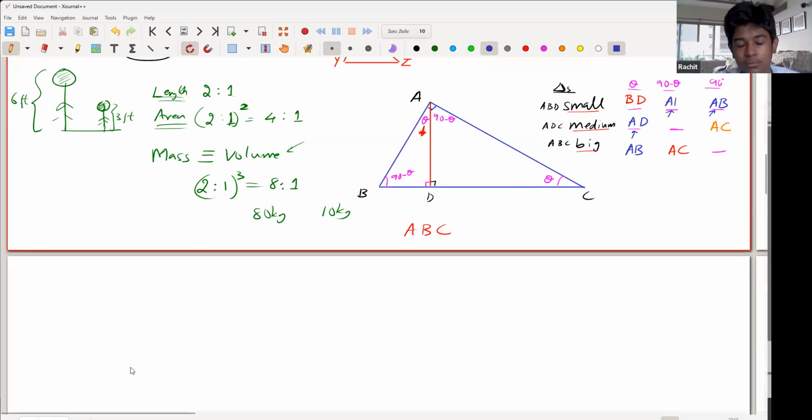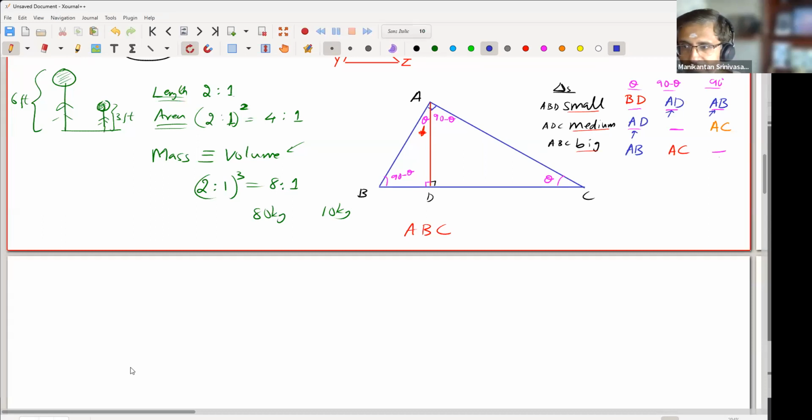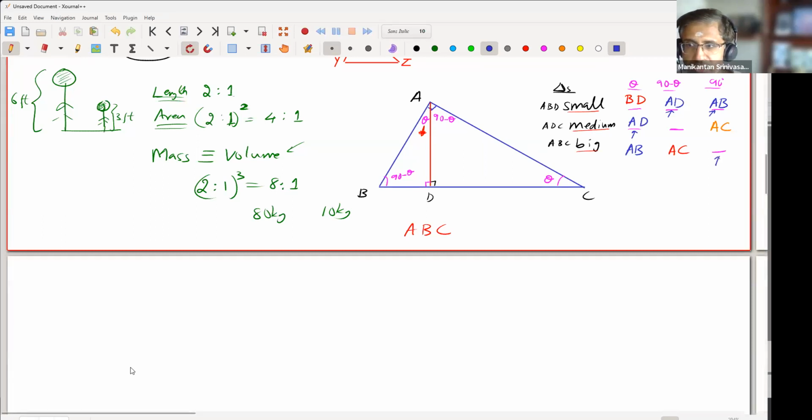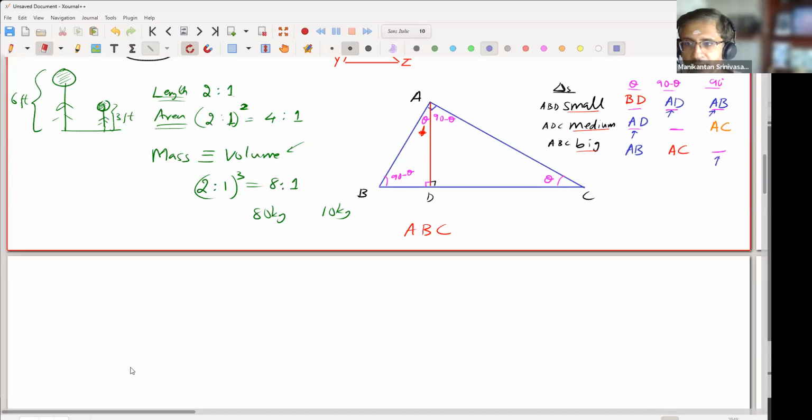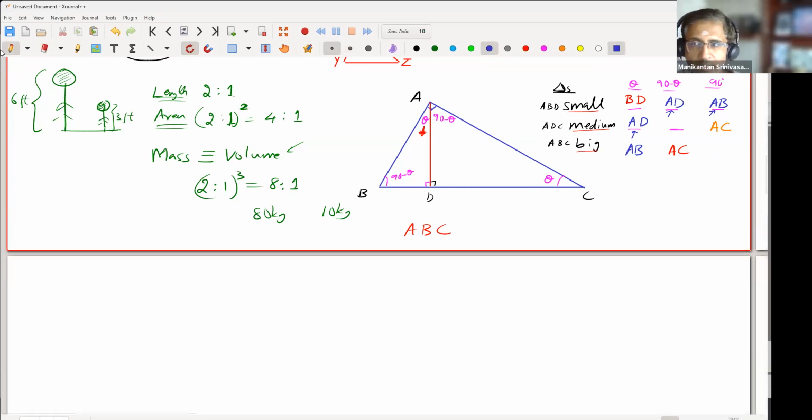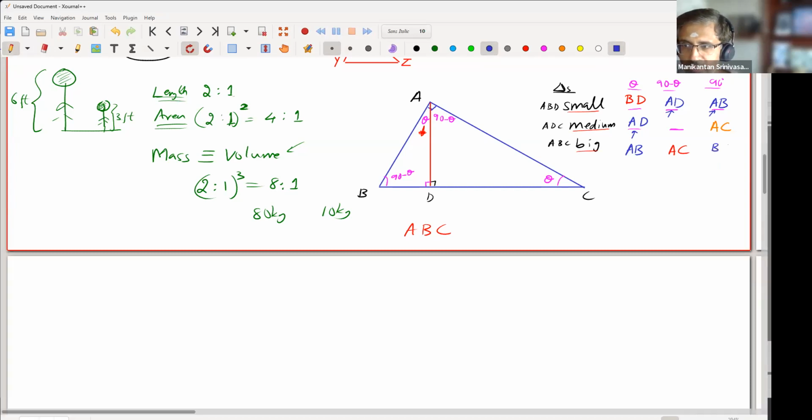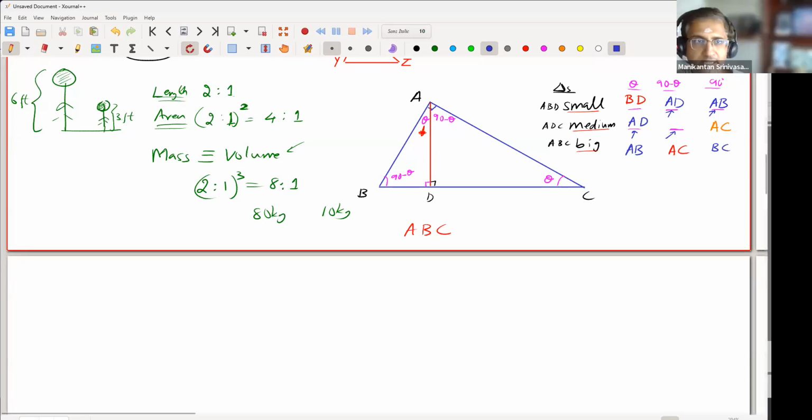Correct. Okay, Akshaj. So the 90 degrees for the big one, it'll be BC. Okay. And then the last one, I'm going to come back to Neev. This one, Neev, the only one left. DC? Yes, DC. Okay.